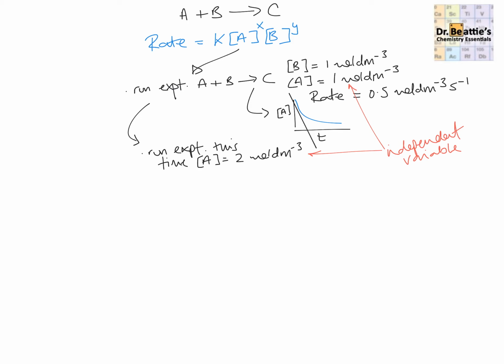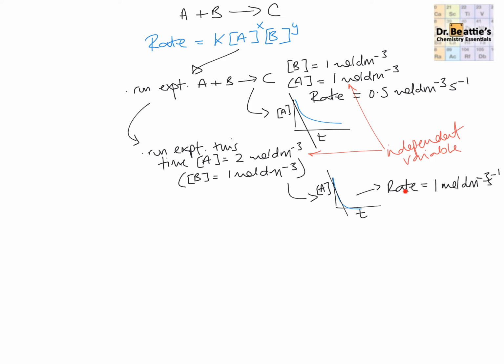As I'm sure you're aware, if we change one variable, it means we have to keep everything else exactly the same. So we are going to keep B, the concentration of B, as 1 mole per decimeter cubed. And again, we allow the reaction to occur. We take a graph, we take the initial rate method, and we get a rate from it.